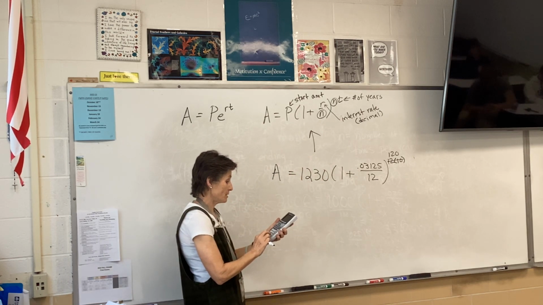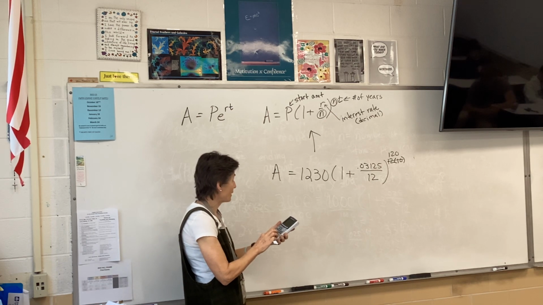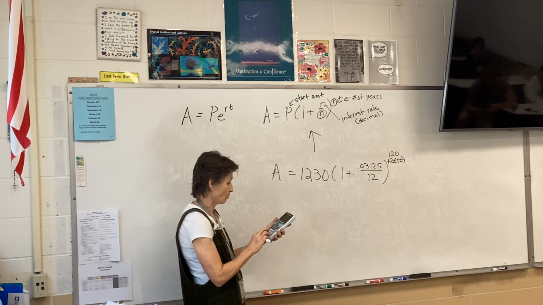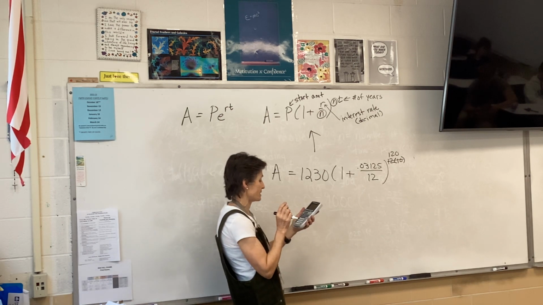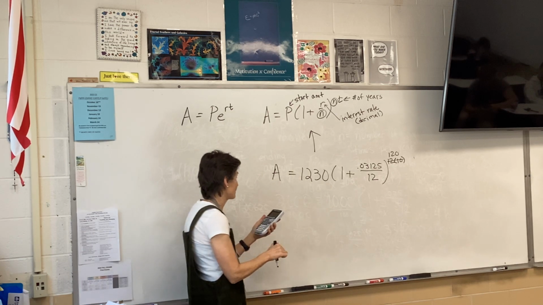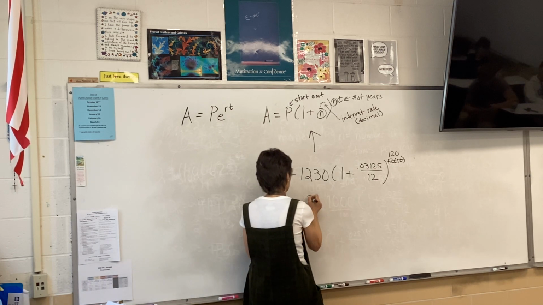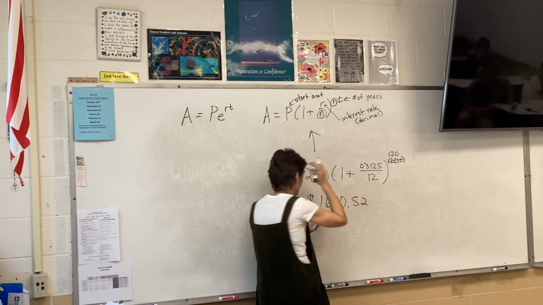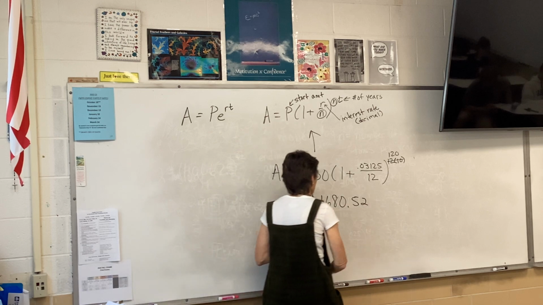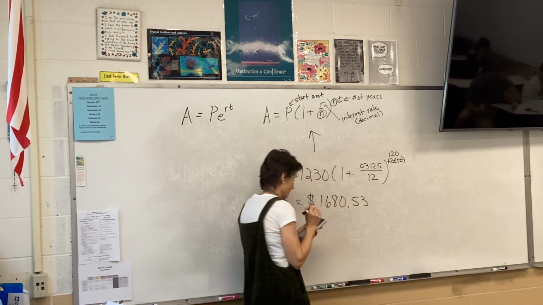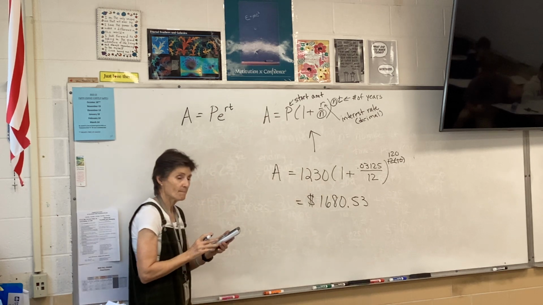So, 1230 parentheses, 1 plus 0.03125 divided by 12, close parentheses, raised to the 120th power. This is money, so I'm gonna round off to the nearest cent. I got 1680.53. Anybody else get that?